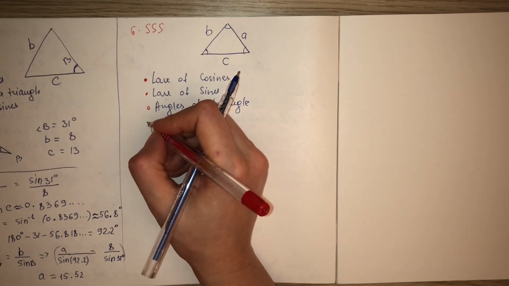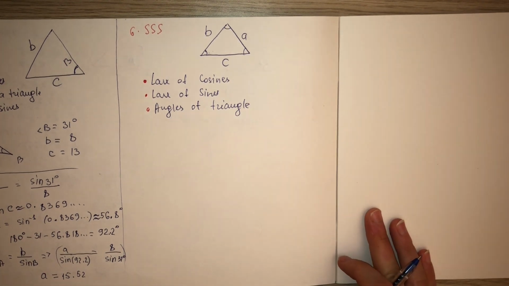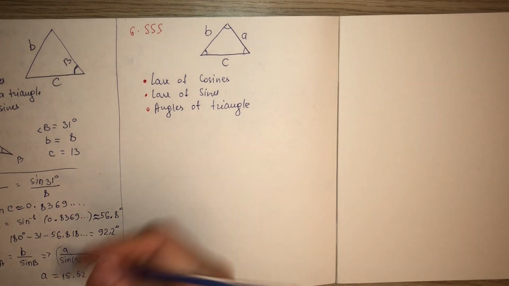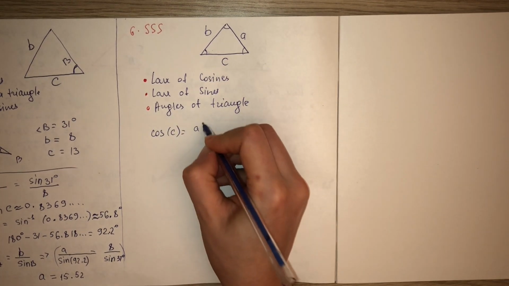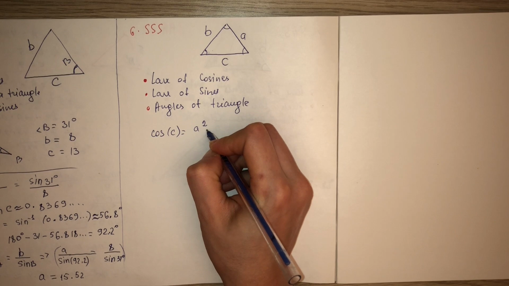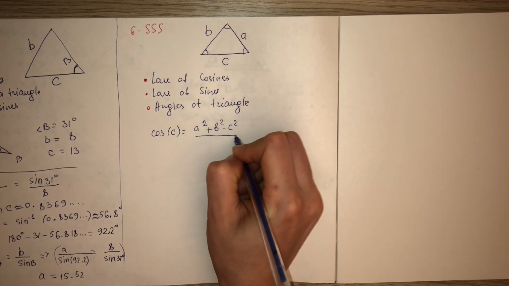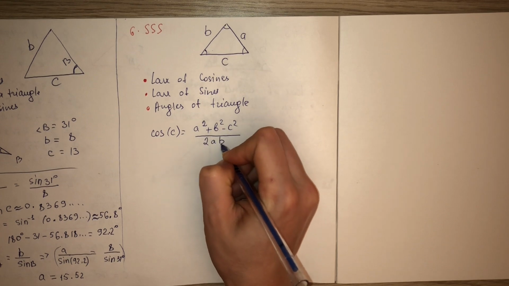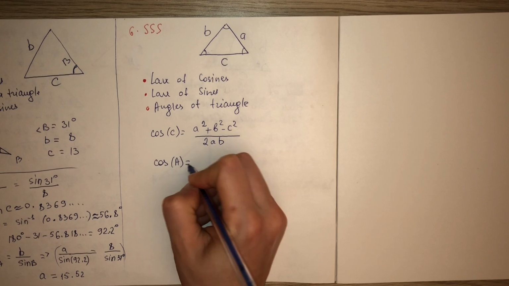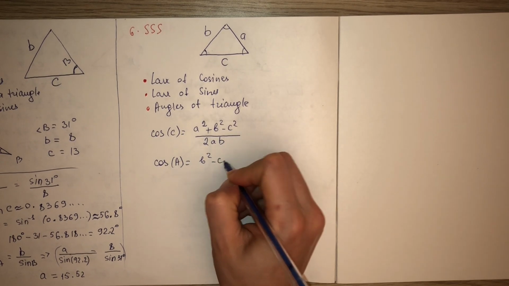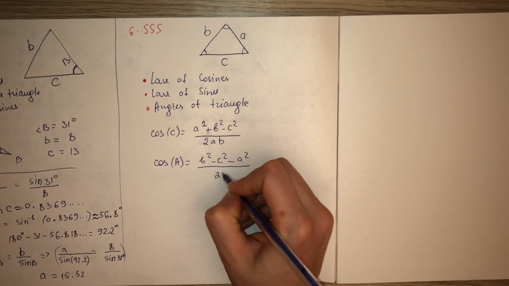So we use the angle version of the law of cosines. For example, cosine C will be equal to a squared plus b squared minus c squared divided by 2ab. Cosine A is b squared plus c squared minus a squared divided by 2bc.